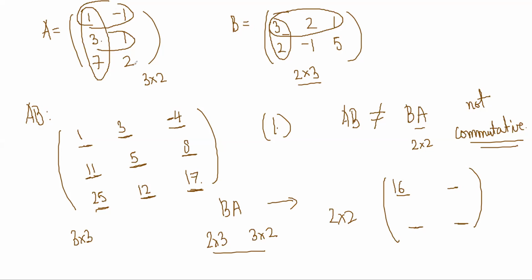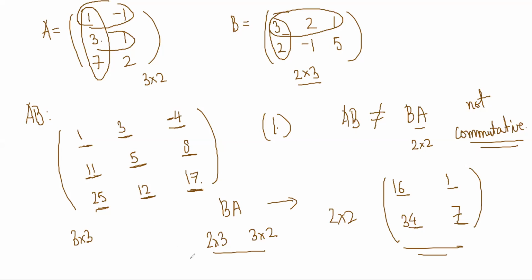And then this becomes minus 3 plus 2 plus 1 plus 2, and then 2 minus 3 minus 1 plus 35, so 34, and 2 minus 2 minus 1 minus 3 plus 10, so 7. This is the result of BA. So AB is not in general equal to BA. It is not a commutative thing.